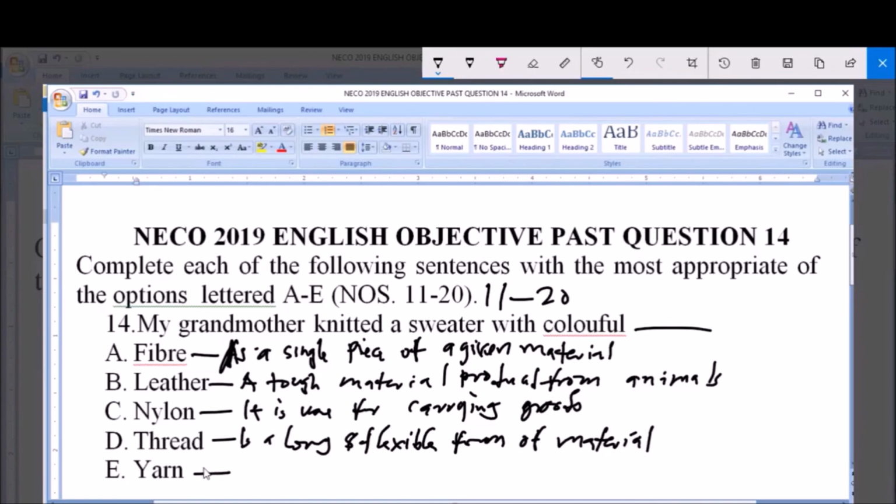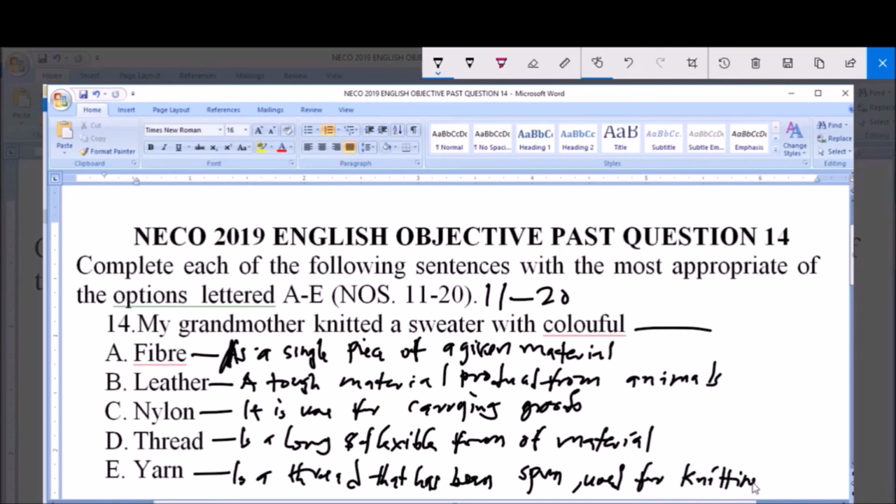Then we talk of yarn, which is thread that has been spun and then used for knitting.